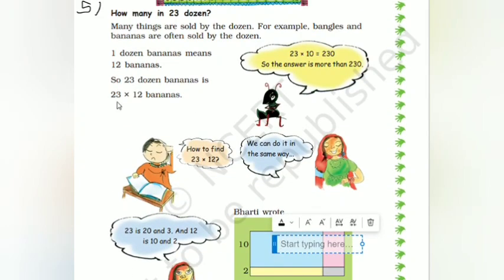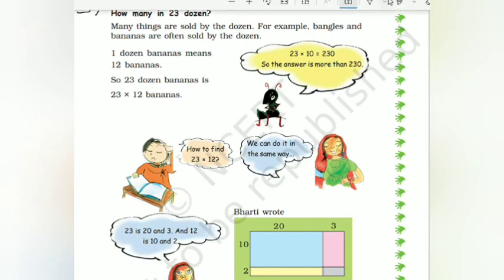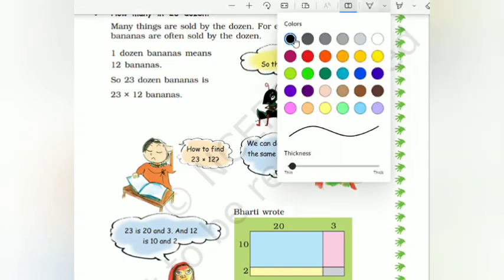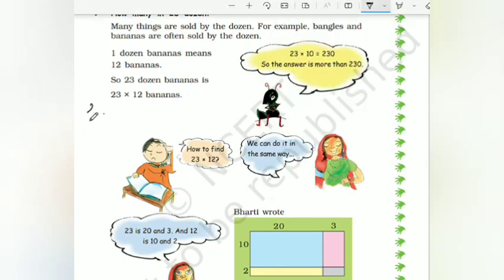One more method is there. We can do that. That is 23, as given here, into 12. 3 into 2, 6. 2 into 2, 4. Plus 1, 5. 3 into 1, 3. 2 into 1, 2. 6, 8, 2.